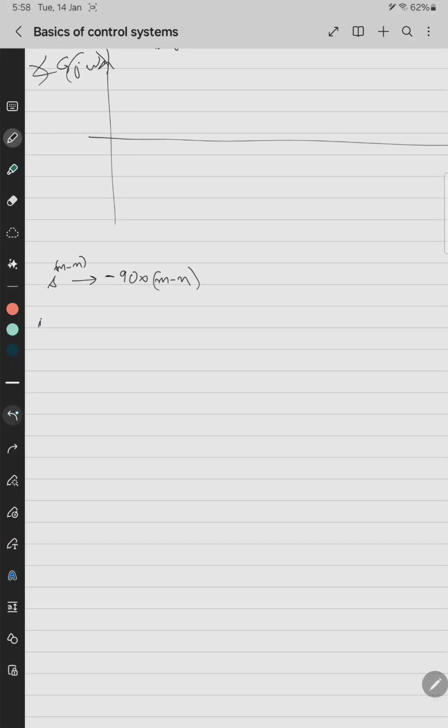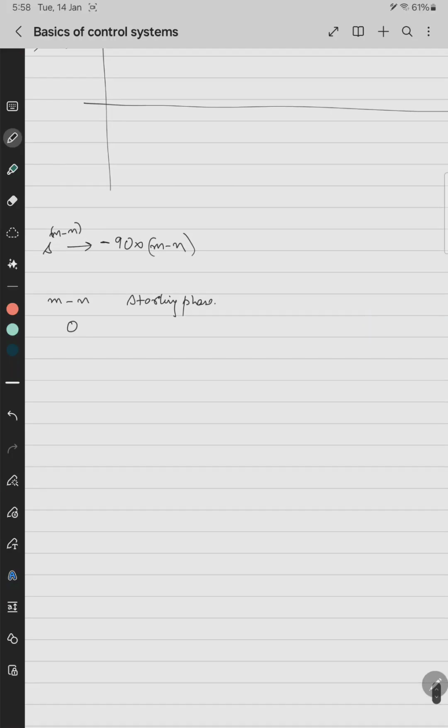Okay, I'll make a table directly. m minus n, and here I'll write starting phase. If m minus n is 0, means if m equals n, it will start from 0 degree. If m minus n is 1, it will start from minus 90 degree. If m minus n is 2, it will start at minus 180 degree. 3, minus 270 degree. 4 means minus 360 degree or 0 degree, and then it goes on repeating.